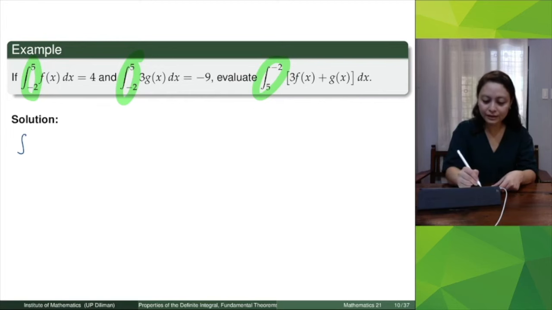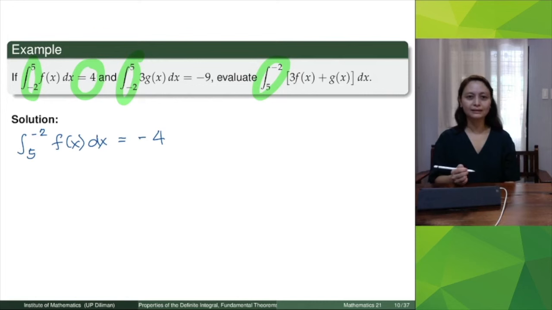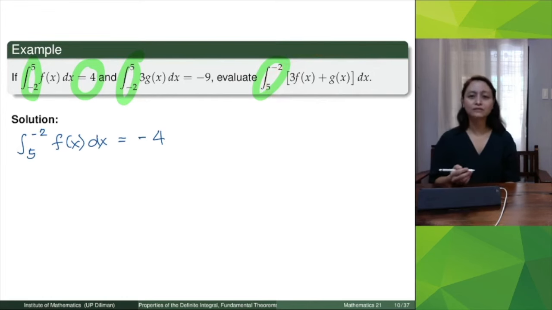So, the integral from 5 to negative 2 of f of x dx should be equal to the negative of this value, which is negative 4. Okay? Here, for g of x, there is a 3 with it. But in what we want to find, g of x no longer has a coefficient of 3. So, we isolate the integral of g of x dx.